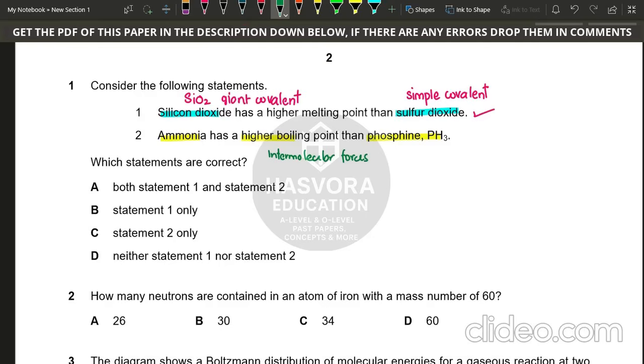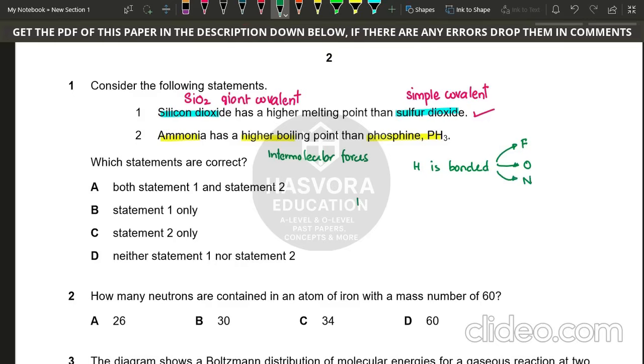Like for example, we have the temporary dipole, we have the permanent dipole, and then we have hydrogen bonding, which is the strongest. Hydrogen bonding occurs whenever hydrogen is bonded to fluorine, oxygen, or nitrogen. Whenever hydrogen is directly bonded to any of these three most electronegative atoms, it will have hydrogen bonding.